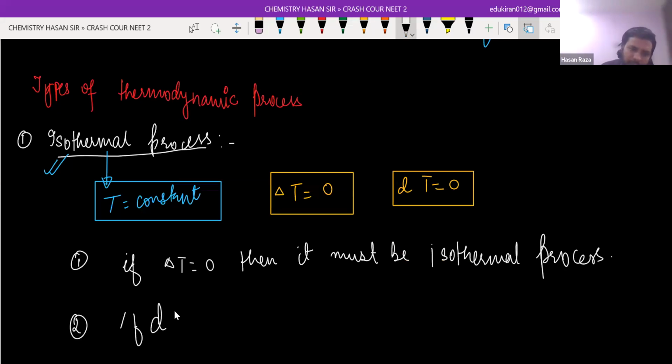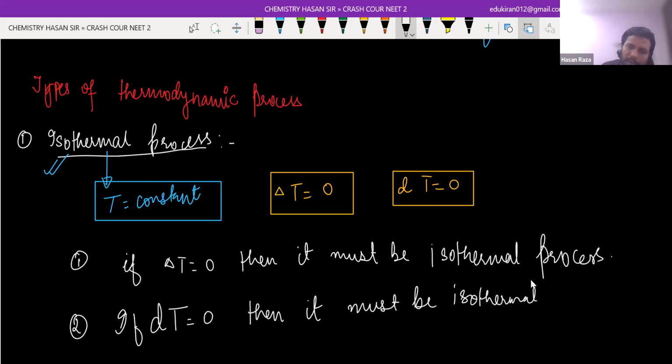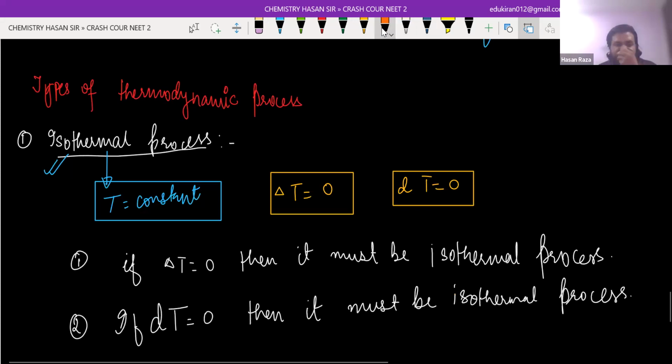If dT equals 0, then it must be isothermal process. This concept is very important and very easy. Students get confused in this, and generally they make mistakes here and get negative marks. Arpit, any answer? Marita?